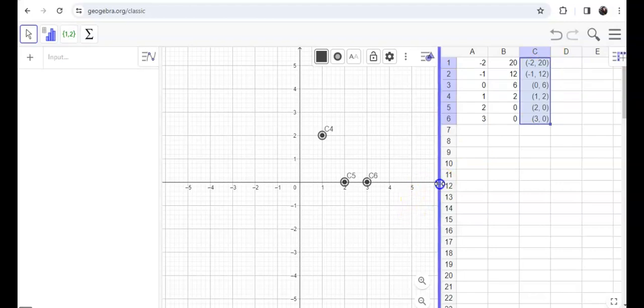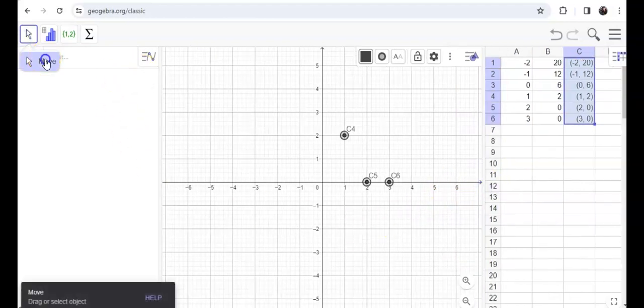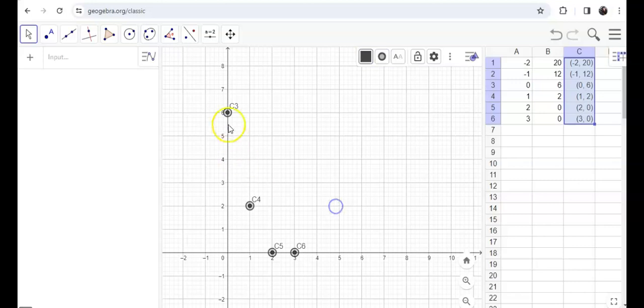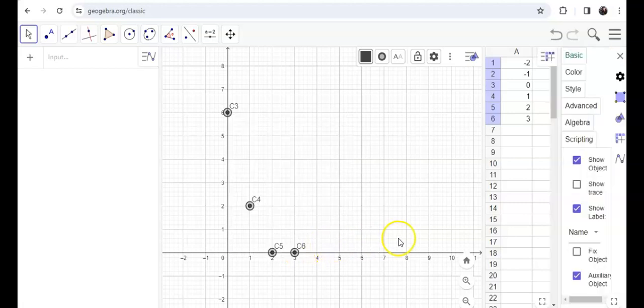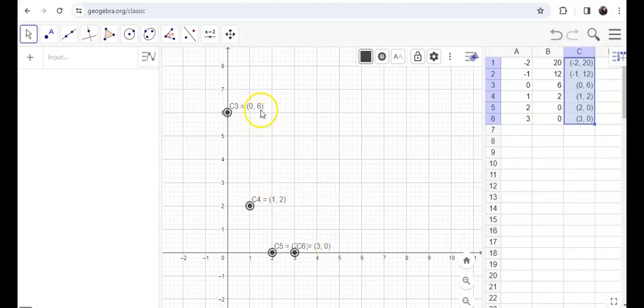See, magic. In the Cartesian plane, there are the ordered pairs, the points. If you right click, the ordered pairs, the points, appear.